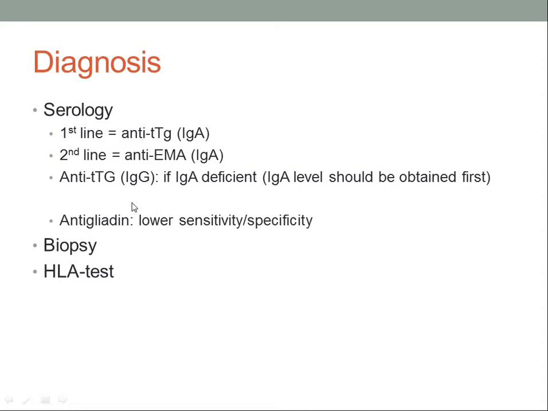Anti-gliadin antibodies are not used very often because they have a lower sensitivity and a lower specificity. A duodenal biopsy is also essential for diagnosis, and occasionally the patients may have HLA testing. This usually occurs in patients who have a strong family history of celiac disease. As I mentioned earlier, HLA-DQ2 and DQ8 are usually associated with celiac disease.